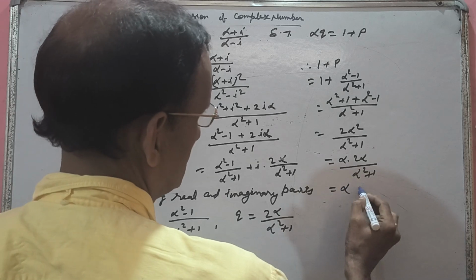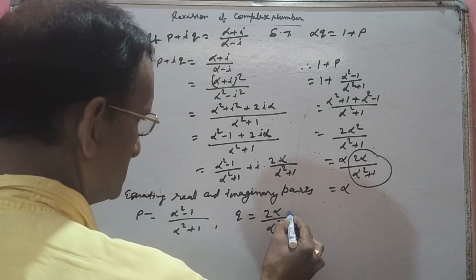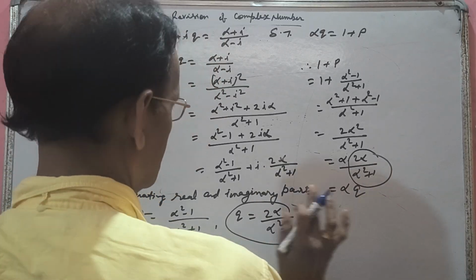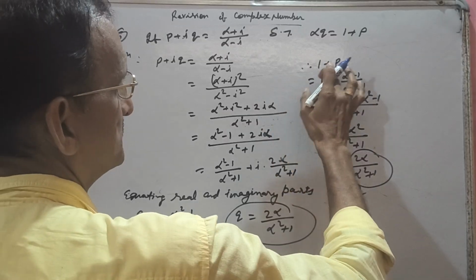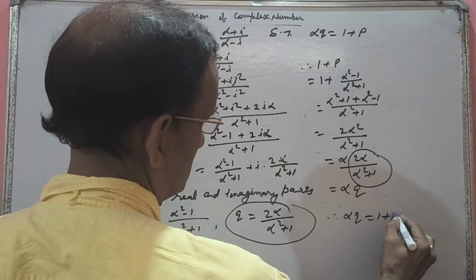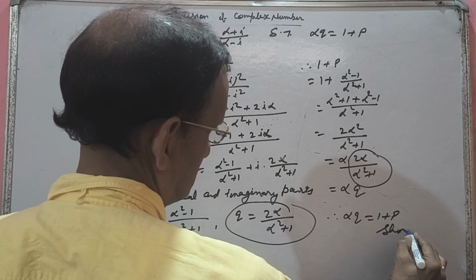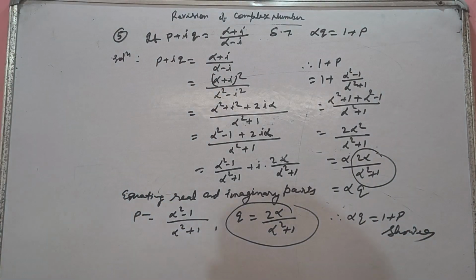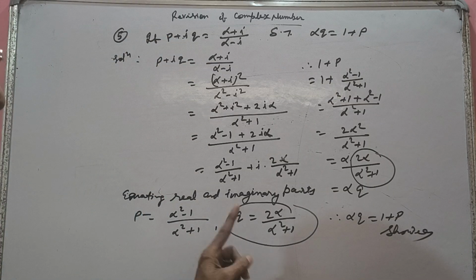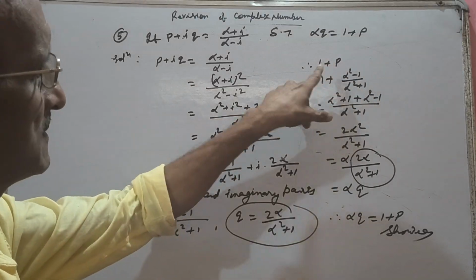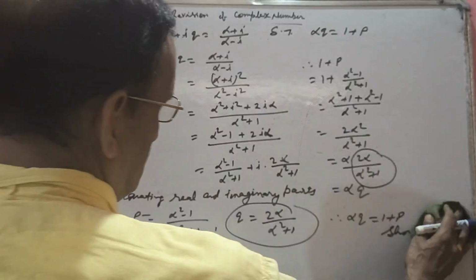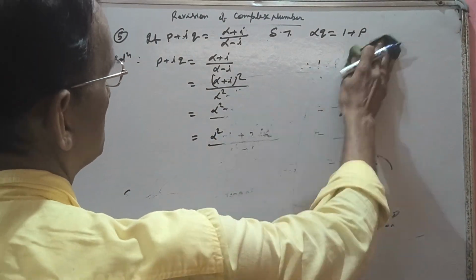What is this? Alpha. And what is this? This is the value of Q. So alpha Q. We have taken 1 plus P, we have got, therefore, alpha Q equals 1 plus P. Clear? Start with the given part, make the denominator real, equate real and imaginary parts. You can take RHS equal to LHS. Okay, so this is one of the important ones again.